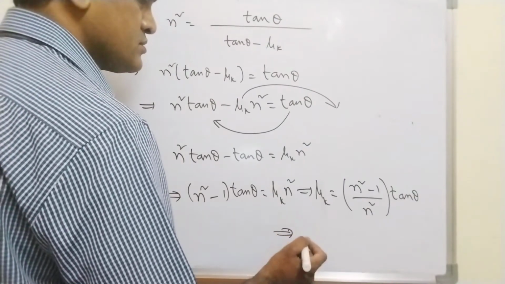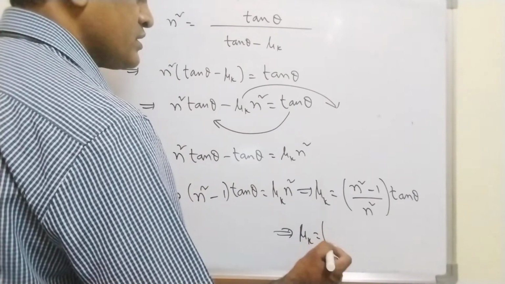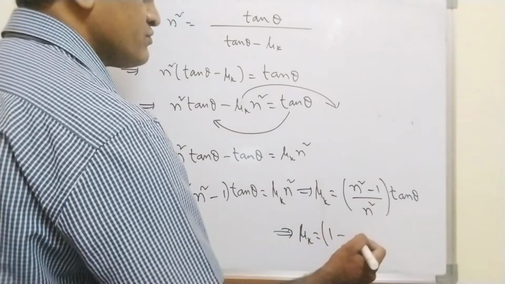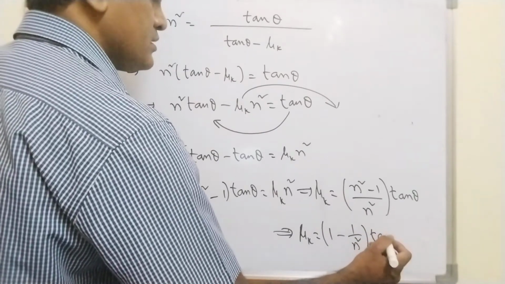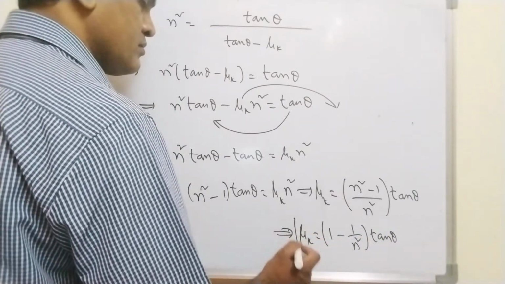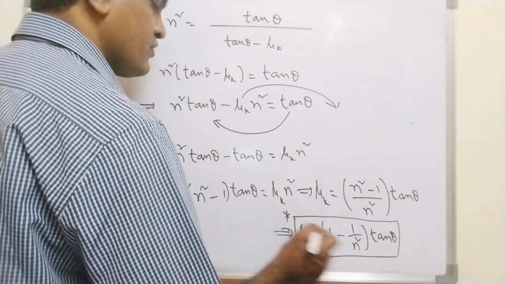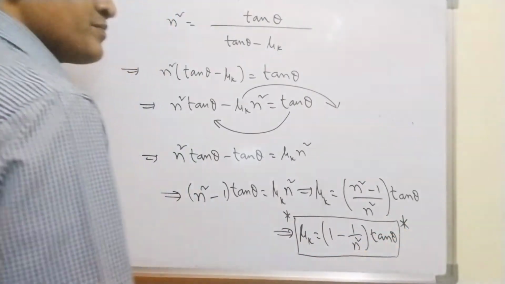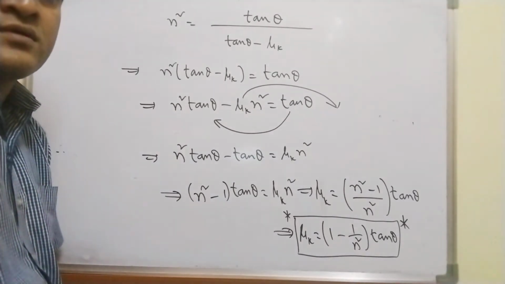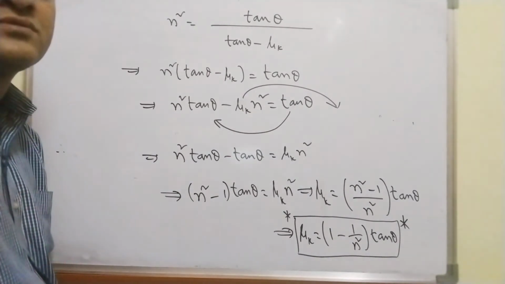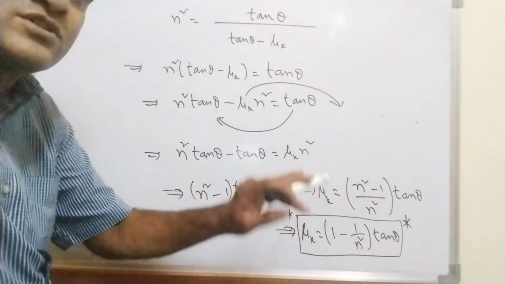From this, mu k is equal to n square by n square is 1, minus 1 by n square, into tan theta. If you want, you can remember this as a standard formula, provided when a body is taking n times to slide down on a rough inclined plane than on a smooth inclined plane.